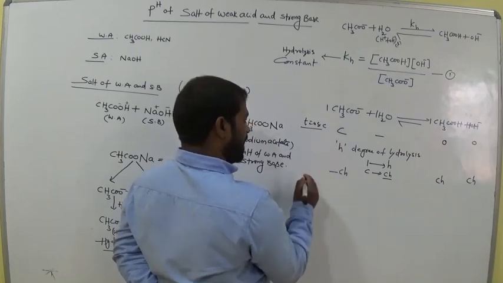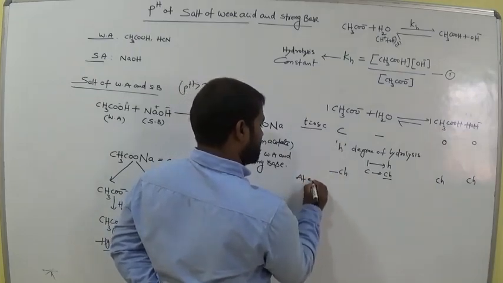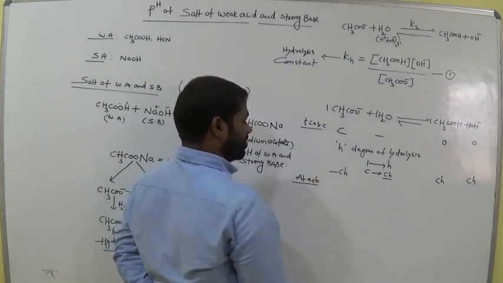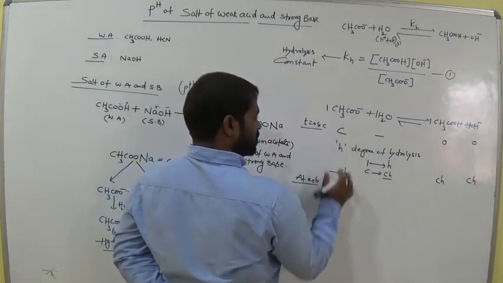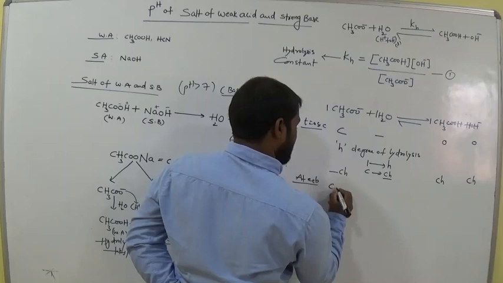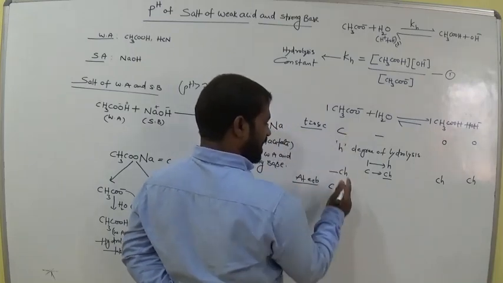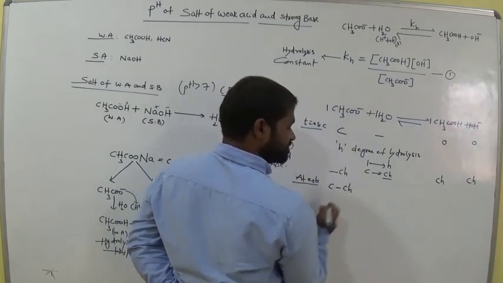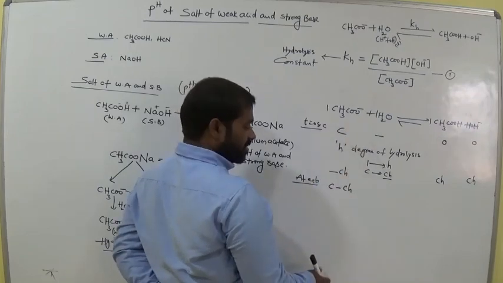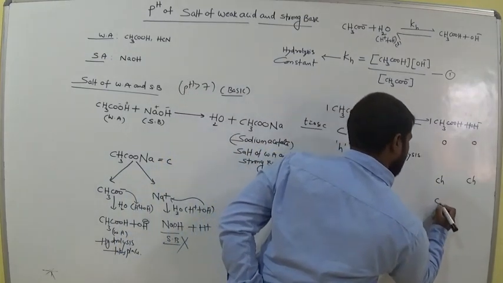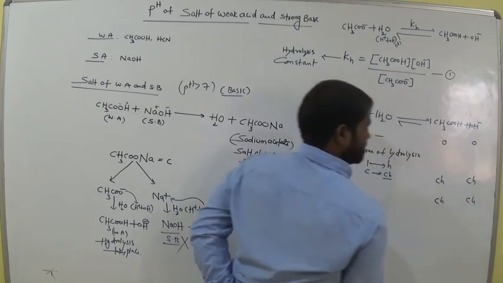Remember this. Now exactly at equilibrium, there are total moles. So C minus Ch, that means the remaining moles. C minus Ch, am I right? Remaining moles means this minus this. Now here it is Ch. Clear?